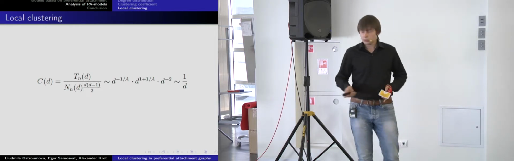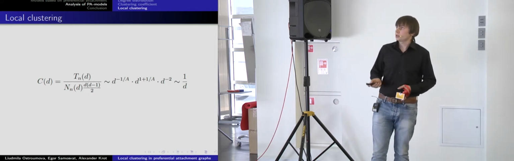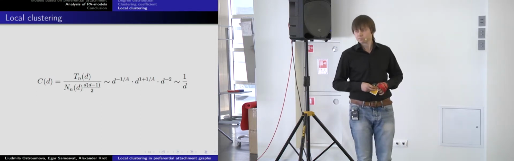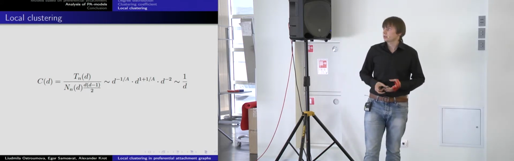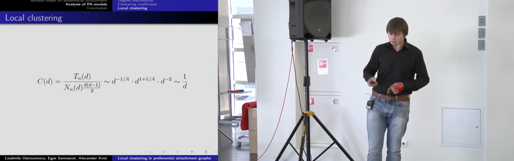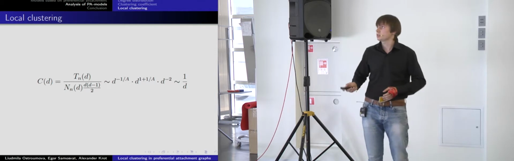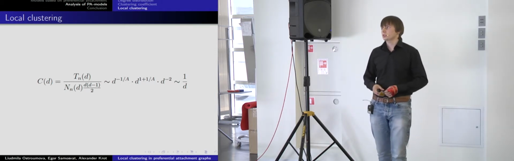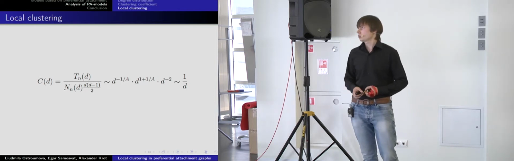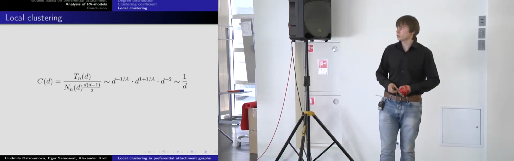So now if we take the number of triangles on the vertices of degree d and the number of vertices of degree d, and divide one by the other, we get the local clustering coefficient, which asymptotically behaves as 1 over d.